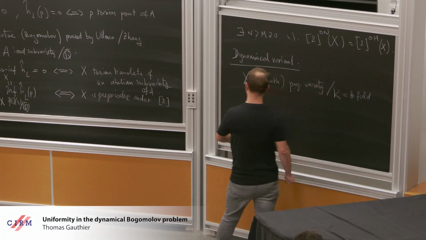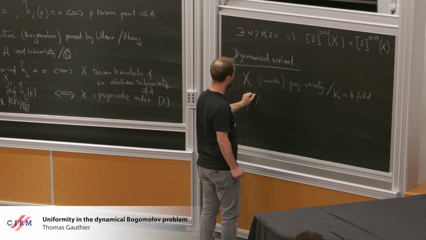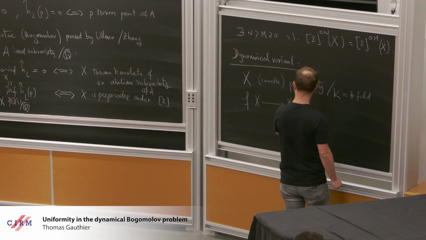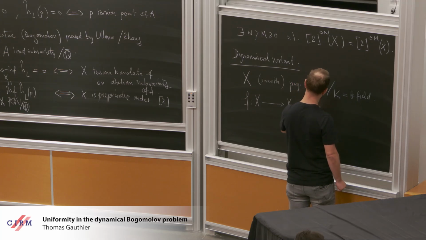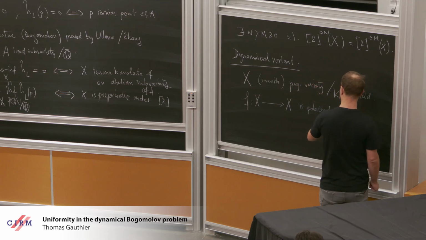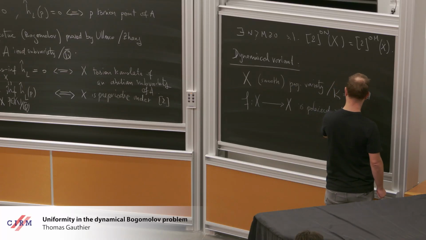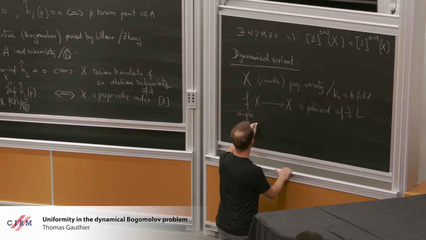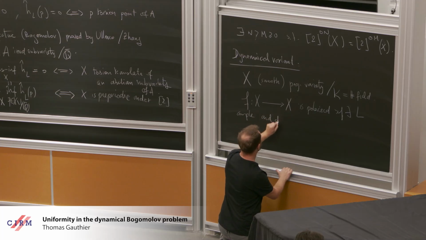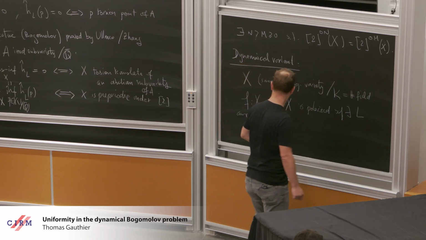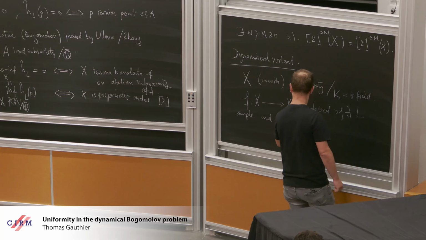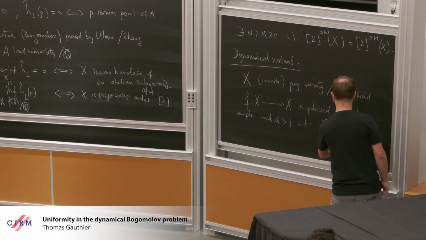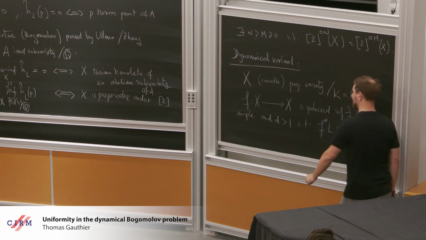It's not necessary, but simpler. You take F, a map from X to X, and you say that it is a polarized endomorphism if there exists L ample and an integer d strictly larger than 1, such that the pullback of L by F is L to the d.